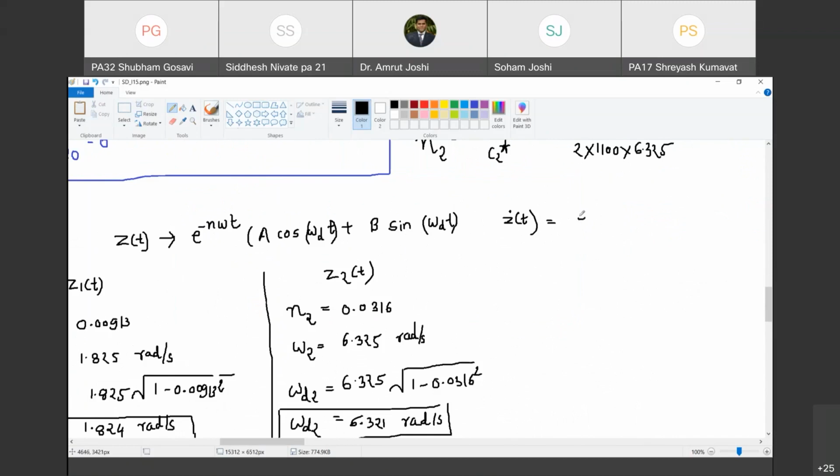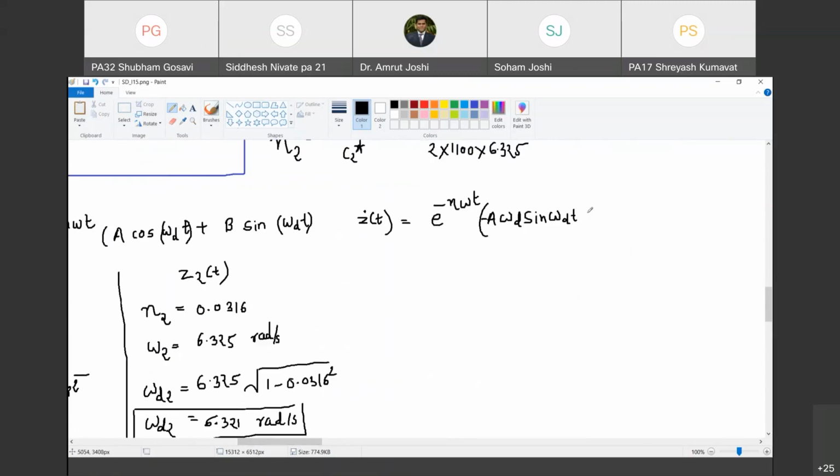So e raised to minus eta omega t into bracket minus a omega d sine of omega d t, plus b omega d cos of omega d t.